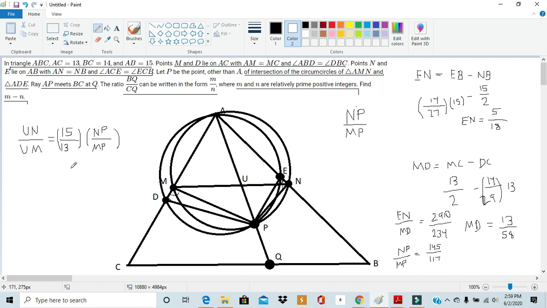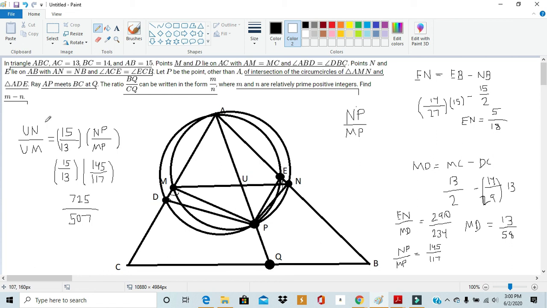So if we substitute into this equation, we get 15 over 13 times 145 over 117 is equal to UN over UM. So if you just be smart about your computations and calculate the product of these two fractions, you'll eventually get 725 over 507 as your final answer for UN over UM.